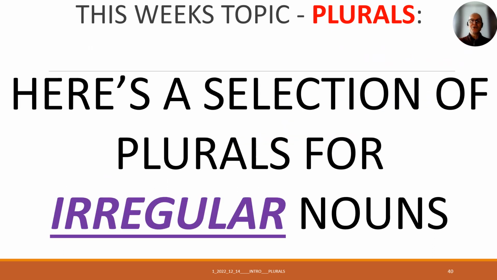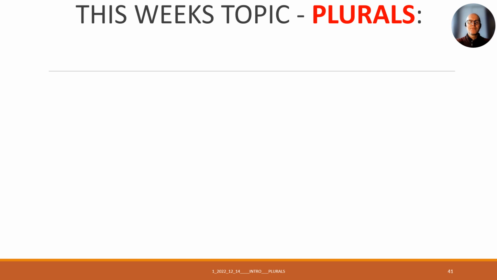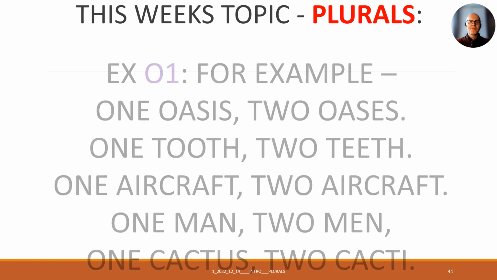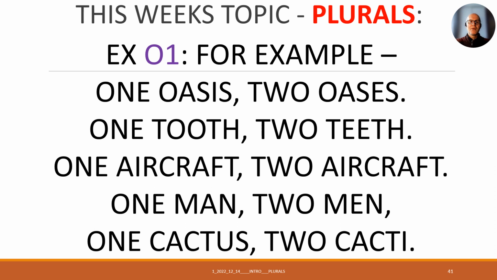Here's a selection of plurals for irregular nouns. One oasis, two oases. One tooth, two teeth. One aircraft, two aircraft. One man, two men. One cactus, two cacti.